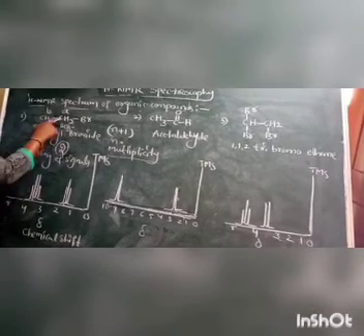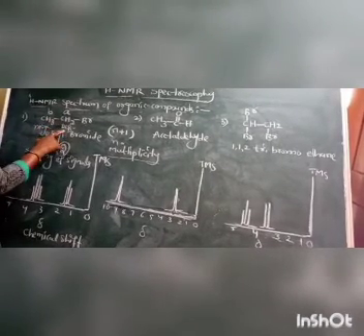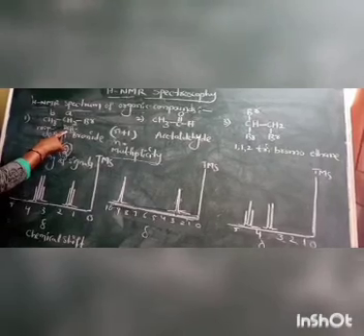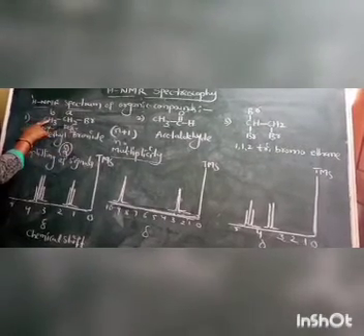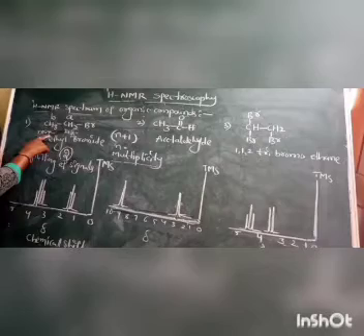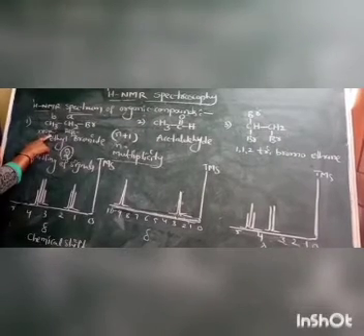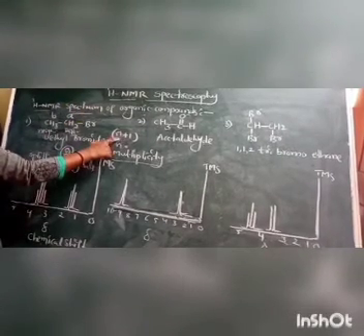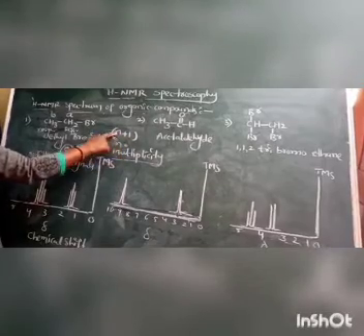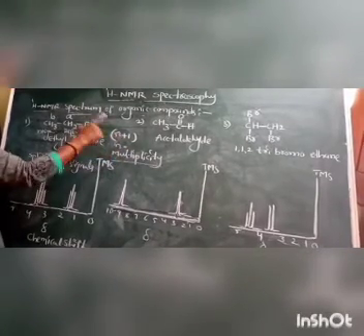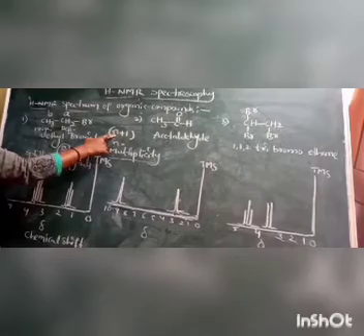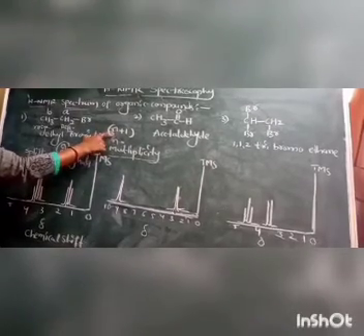Here I am taking A type of protons as the reference protons and B type of protons as the neighboring protons. We calculate with the n plus 1 rule, where n is the number of neighboring protons.